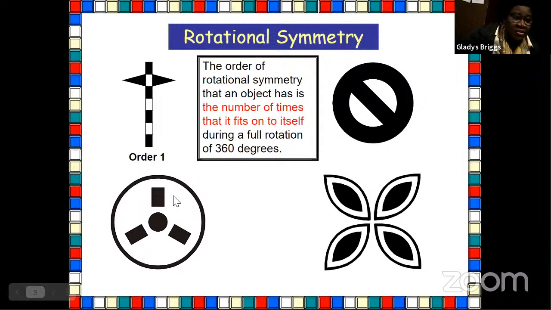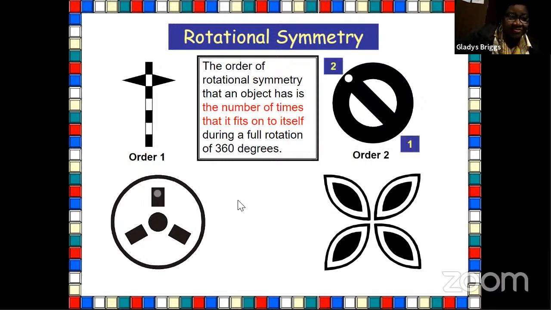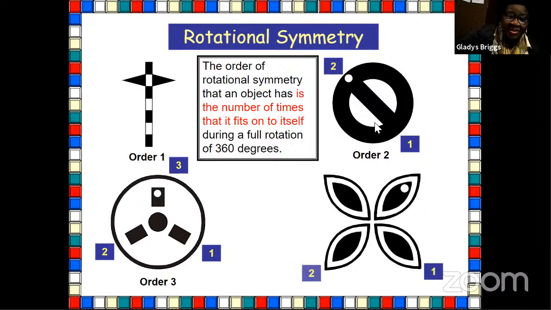So let's see. This one has to go round 360 degrees before it can come back onto itself. This one, I think it's maybe twice, because if you bring it down this way, it probably will come back to itself.